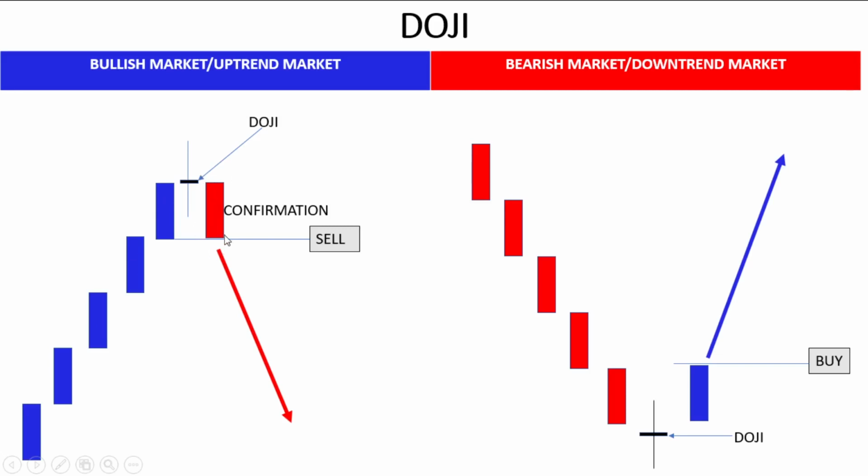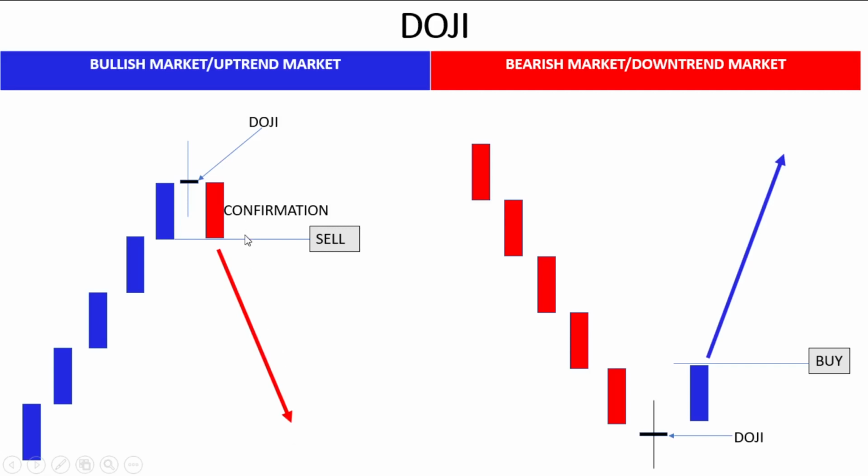Then the confirmation candle tells us that, yes, the market is ready to go down. We anticipate that the market will go down by seeing this candle being printed. After seeing the confirmation candle, the market has confirmed to us that it's ready to go down. Then after confirmation, that's where we sell.